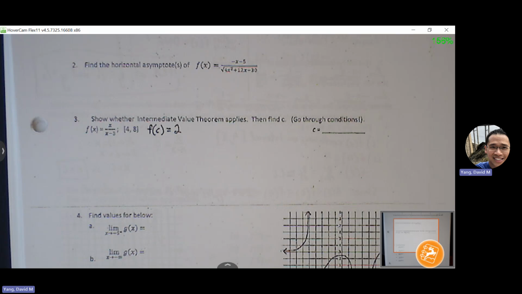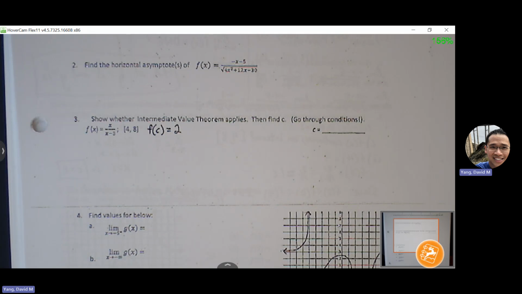If you get multiple x's, what do we have to be careful about for the location of your c value? Make sure it's inside the interval. You can have multiple locations where the graph is going to hit a y value of 2, but we only care about the interval. So you're guaranteed at least one, but if you see more than one, just be wary, because that other one may be outside the interval.